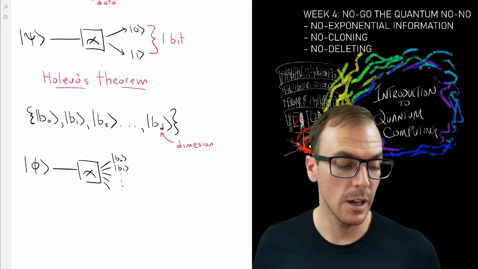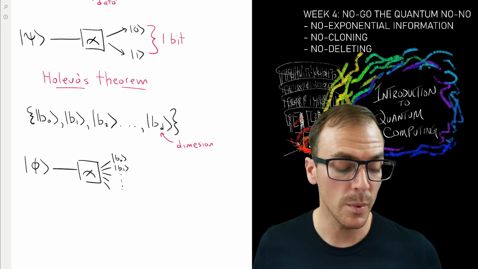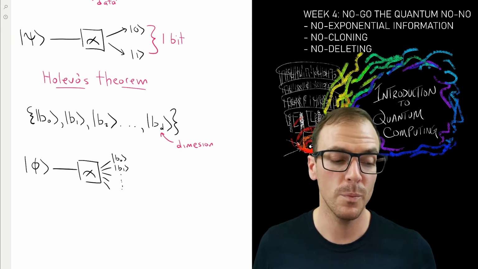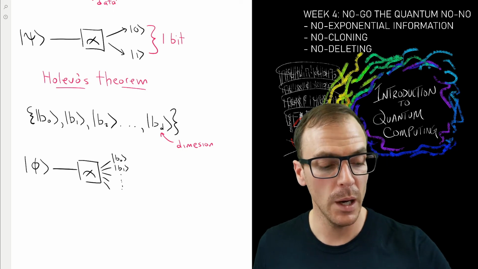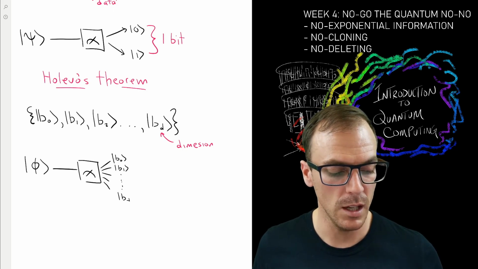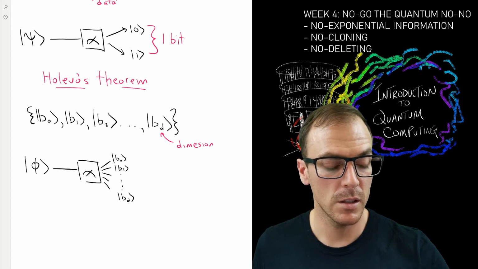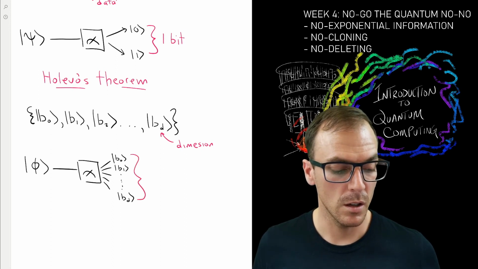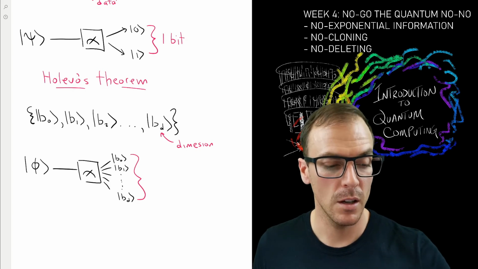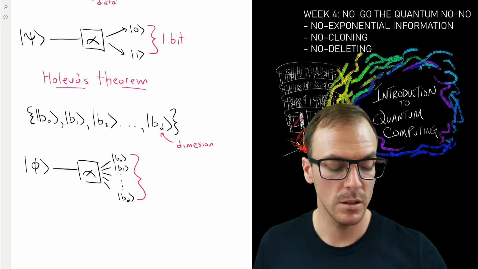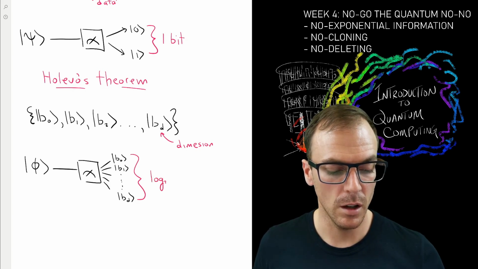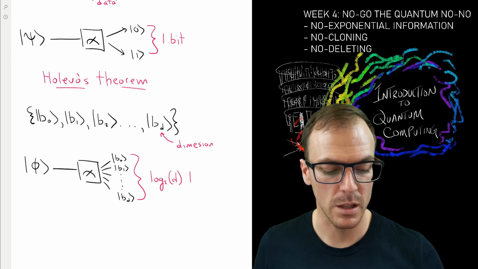And if I have elementary systems like qubits, there's an exponential number of basis vectors, but, so in this case I've chosen D. However, to distinguish one of D possibilities only requires log 2 D bits of information.